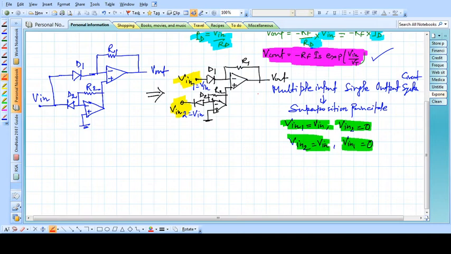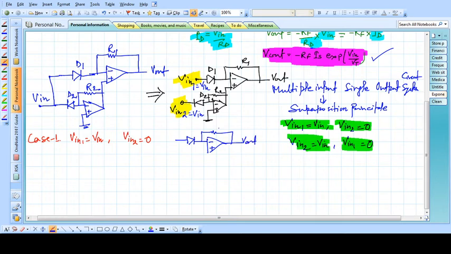So now you just think about V in 1. Okay, or I am writing case 1. Okay, when V in 1 equals to V in, and V in 2 equals to 0, from the superposition principle. Okay, so in that case your modified circuit will be like, it is very easy.